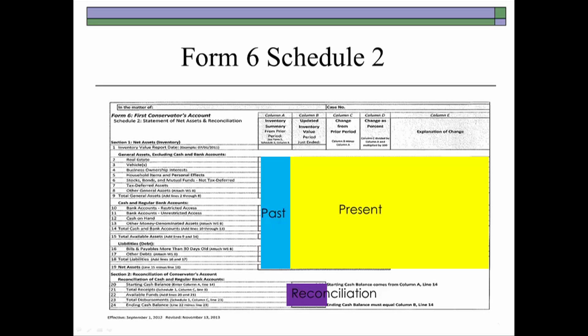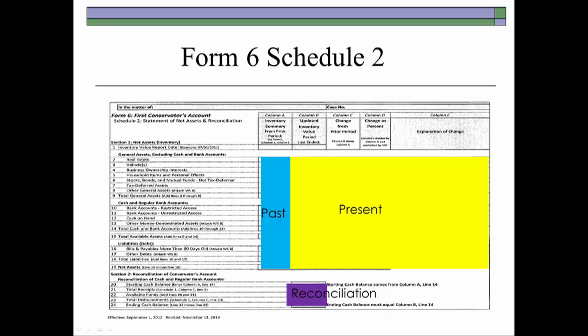Column B is where you'll put in that updated inventory balance. Column C, if you've done this on a computer, will calculate the amount of the difference in the inventory value, and column D will change that to a percentage. Column E allows you a small area to give us an explanation for the change in value.